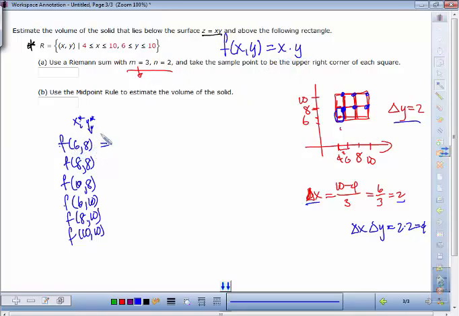So 6 times 8, 48. 8 times 8, 64. 10 times 8, 80. 6 times 10, 60. 8 times 10, 80. 10 times 10, 100.